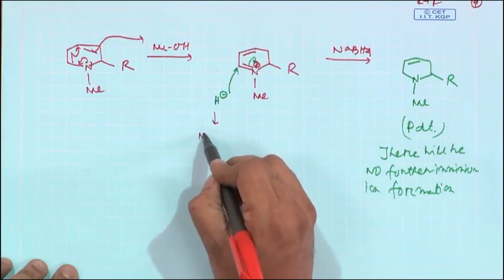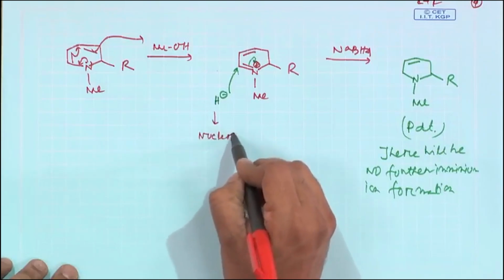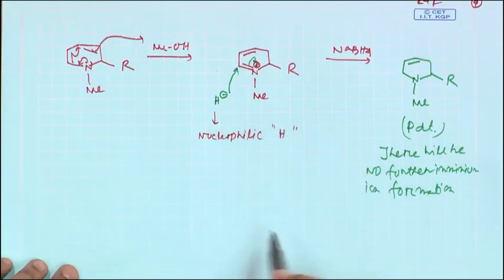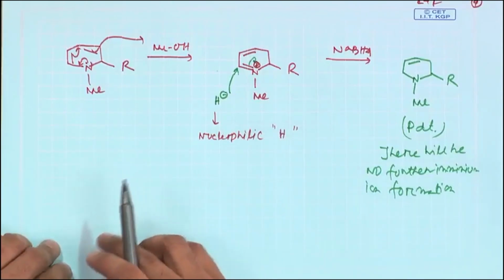This is a nucleophilic hydride or hydrogen, and once you have two rounds of successive iminium ion which can be attacked by the nucleophilic hydride or hydrogen, then the reaction will stop, because further iminium ion formation is absolutely not possible. So, your mechanism will basically dictate where to stop and what product you will be expecting.